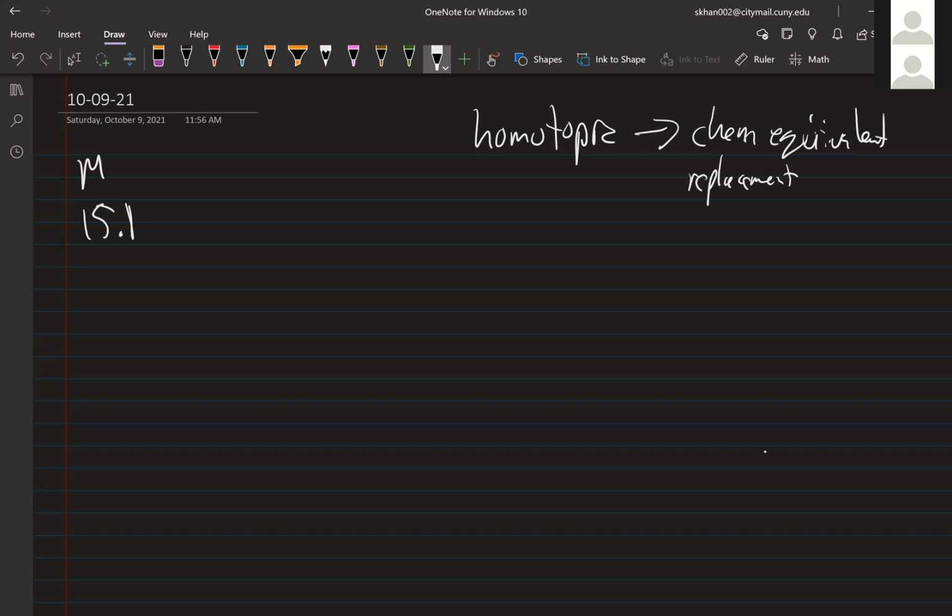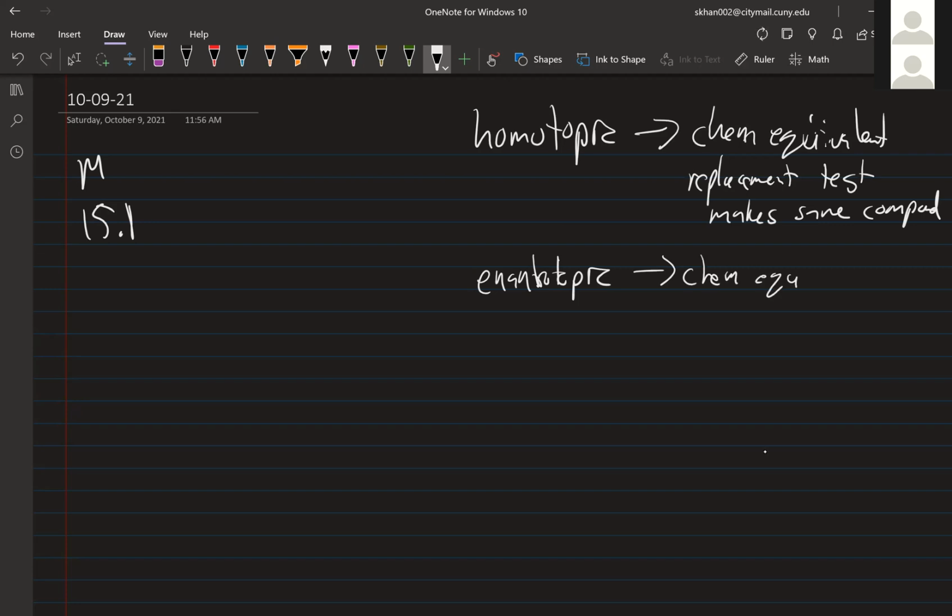Then we have enantiotopic. The name tells you it's the same thing, chemically equivalent, but the replacement test makes a pair of enantiomers.